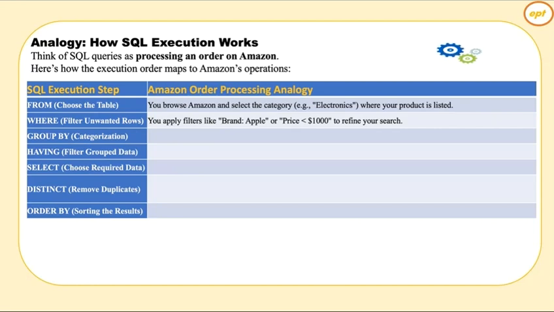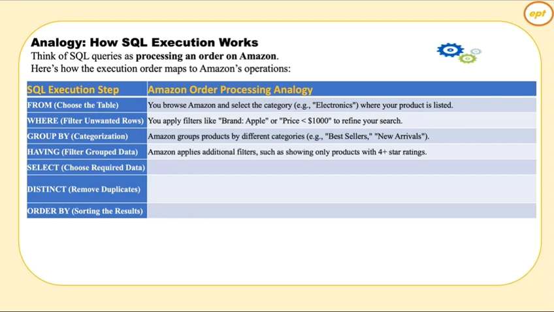Similarly, in SQL, the group by clause is used to categorize the data into groups based on some values. For example, if you want to group the sales data by region, or maybe product type, this is where you do it. Understood, right? In the group by clause only.